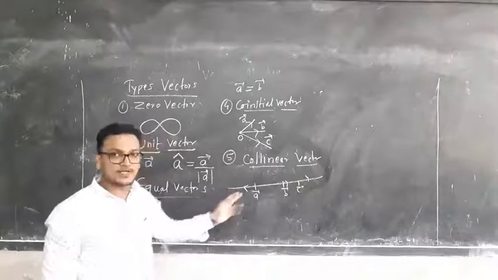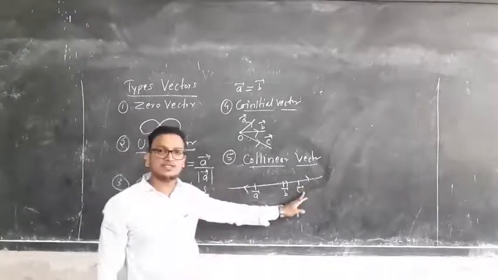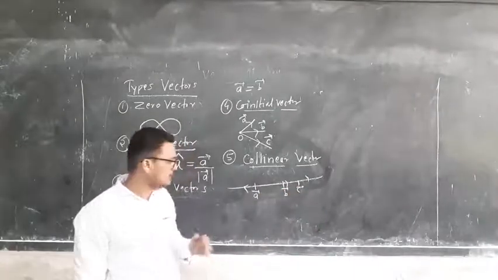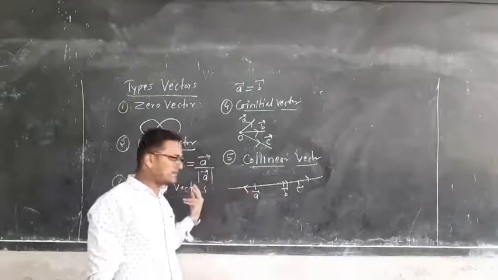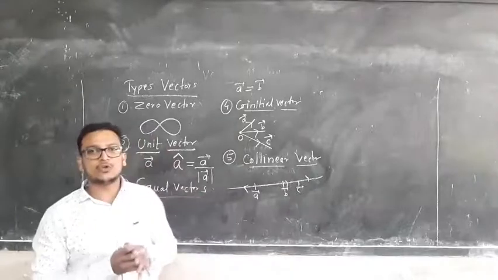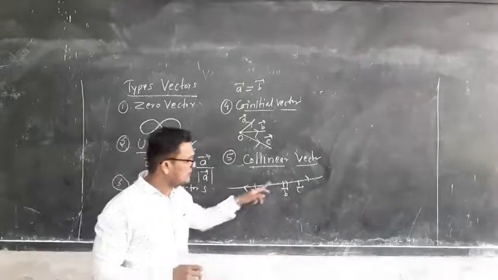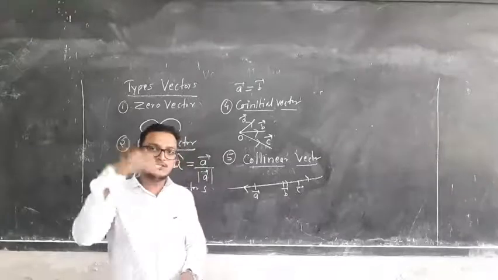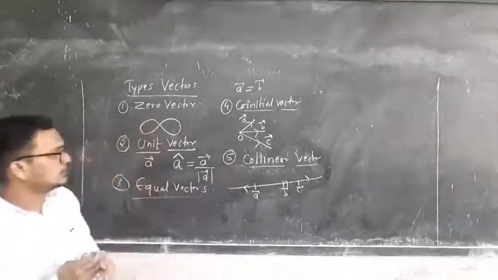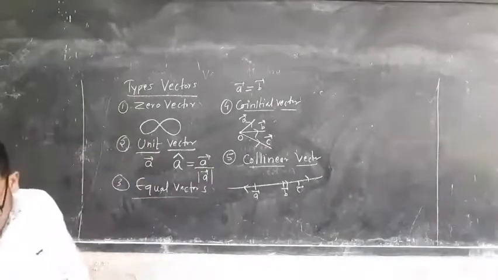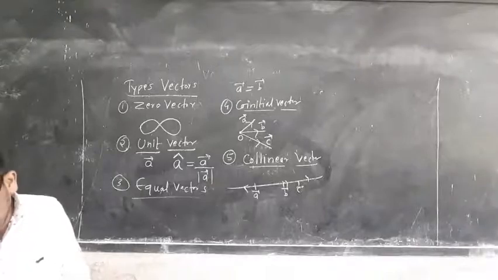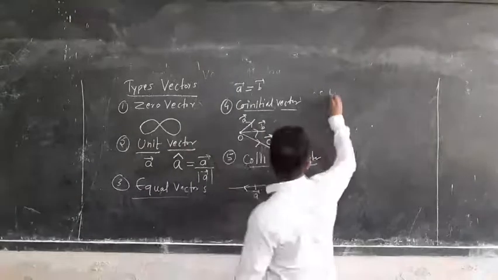If you observe, their magnitudes are not the same. Also, vector A is in the left direction whereas vector B is in the right direction, so the direction is also not the same. But vectors A, B, and C lie on the same line, which means they are parallel to the same line. Therefore these vectors are called collinear vectors. One more type we are going to see is the negative of a vector.